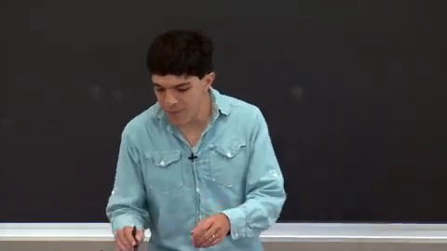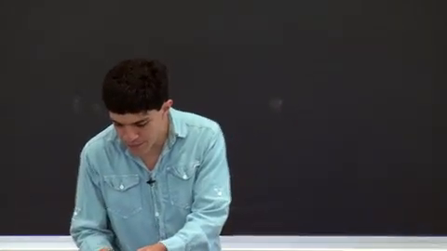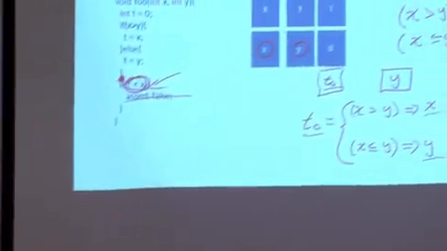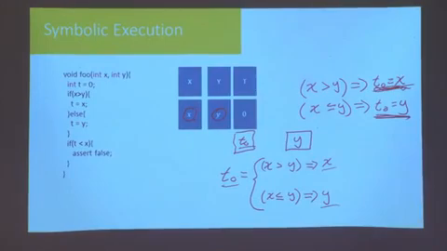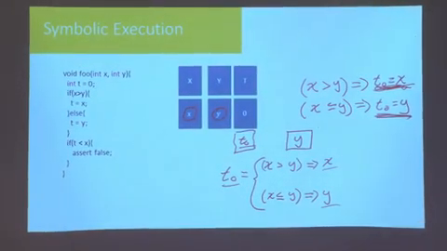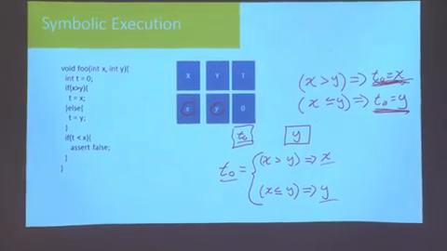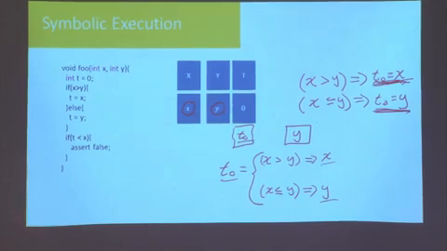So, for example, what if, let's say we have the program that we have here, but instead of t equals x, here we will say t equals x minus 1, right?